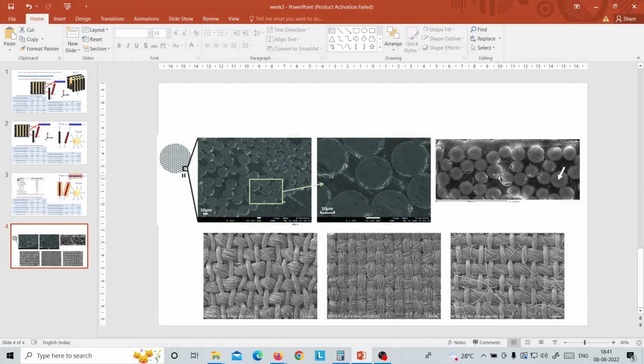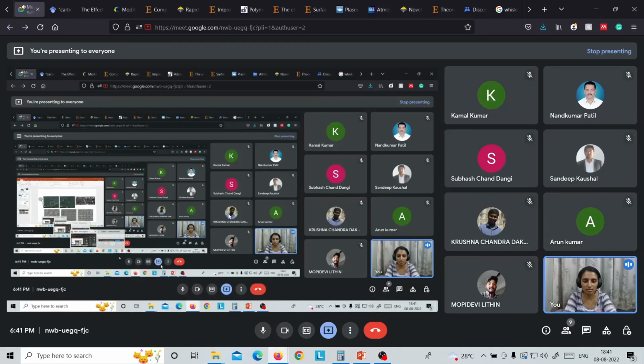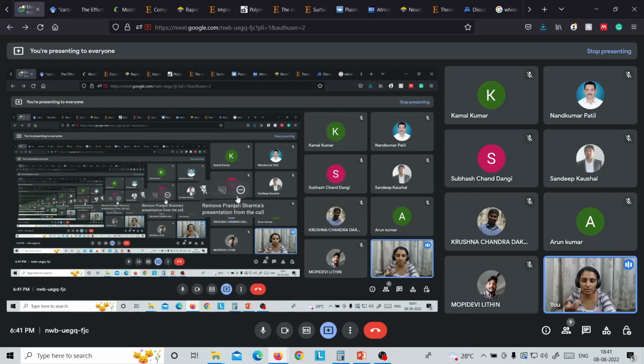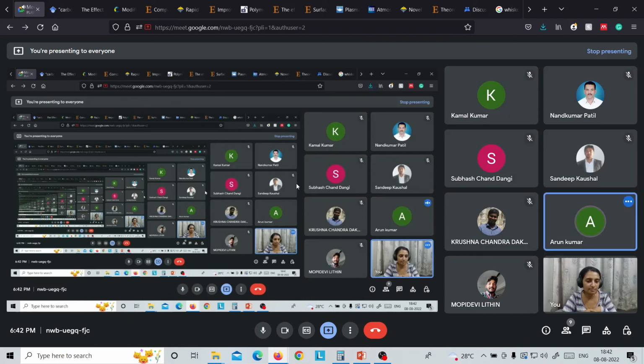So we can see cracks generating, find the crack lengths, and then estimate fracture toughness and everything more accurately. So this is the importance of this particular machine. It's a very commonly used characterization technique. Was I able to answer your doubt, Arun? Yes, madam.